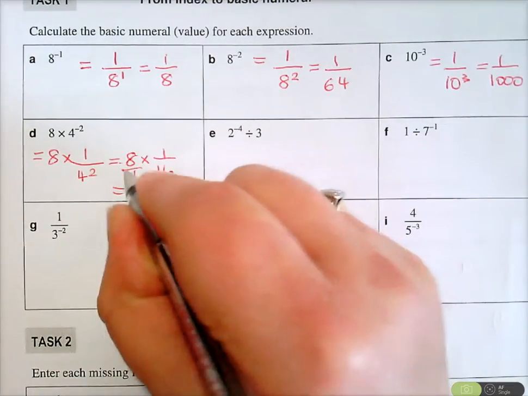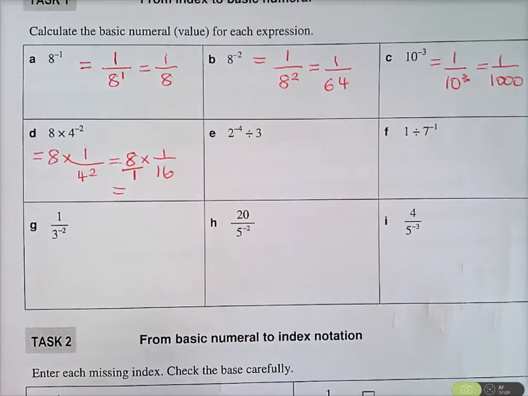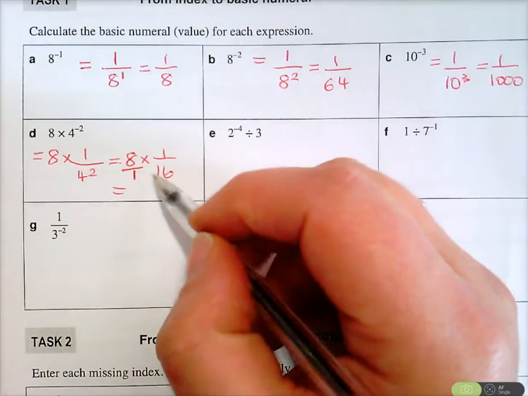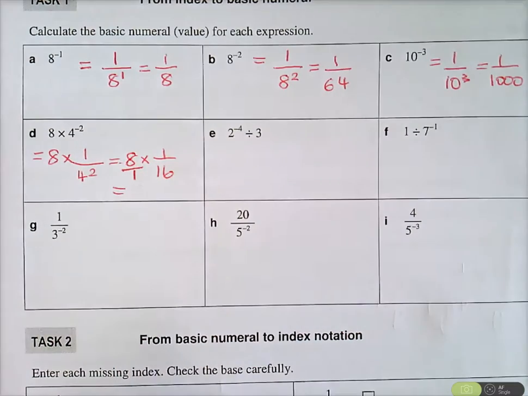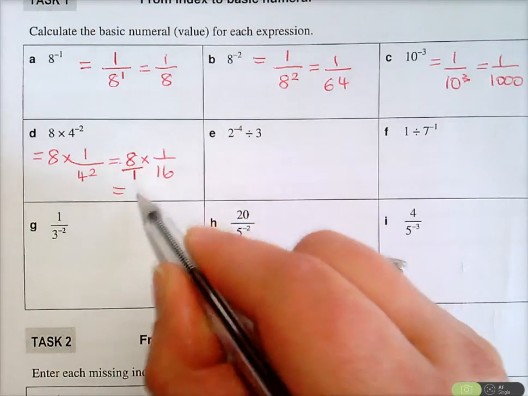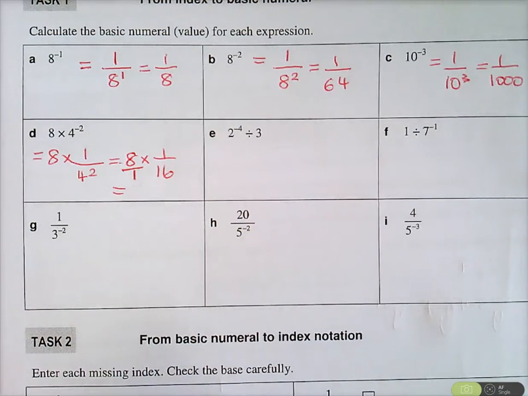Girls, why do you think I put 8 is 8 over 1? Because so many kids make the mistake. Any whole number, like the number 8, means 8 divided by 1. You can write any number as a fraction. So 8 is 8 over 1. The reason we do it is so that you can clearly see the numerator and the denominator.